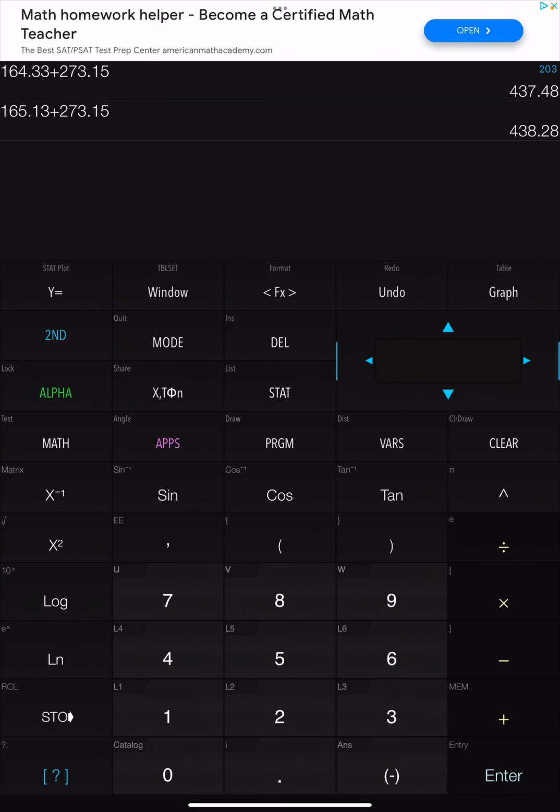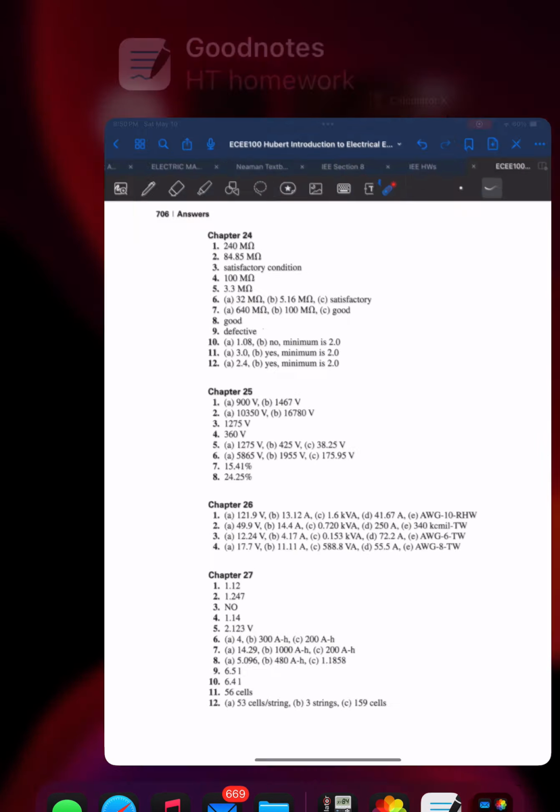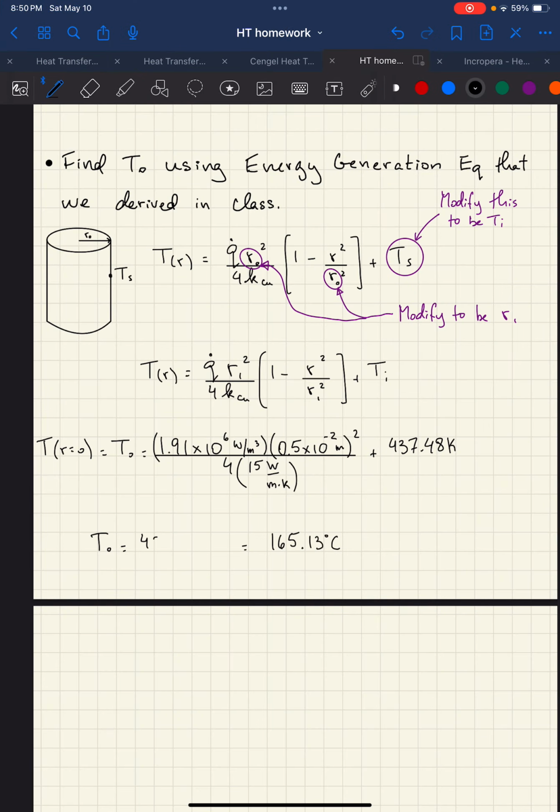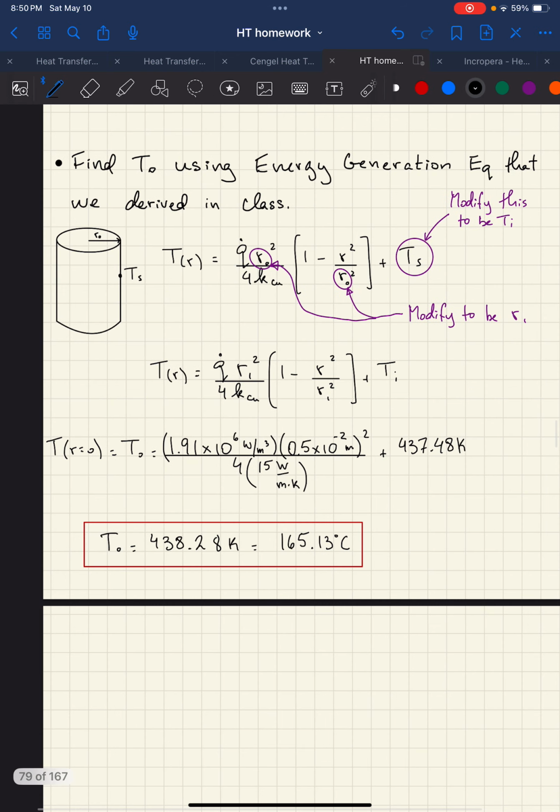Okay, so 438.28. And of course, that is in Kelvin. All right.